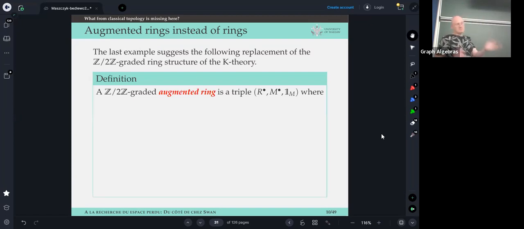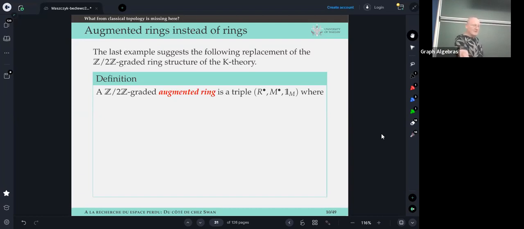So there's a proposition of a definition. Following Eilenberg and MacLane, we are introducing some graded version of the object they defined, which we call an augmented ring, in a slightly more general meaning.